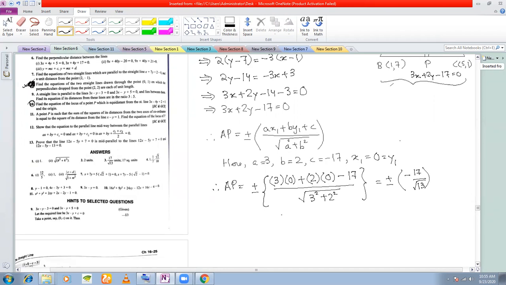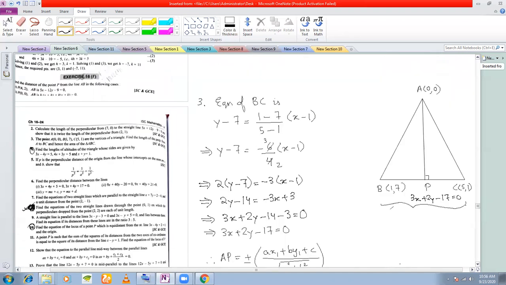So which sign should you choose? Negative. Choosing the negative sign, we get AP is equal to minus of minus 17 by root 13, which gives you 17 by root 13. Okay, so this was the perpendicular distance of A, that is the length of the perpendicular from A to BC, AP.